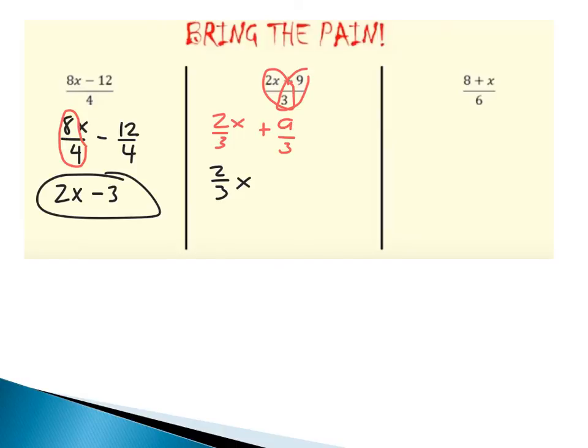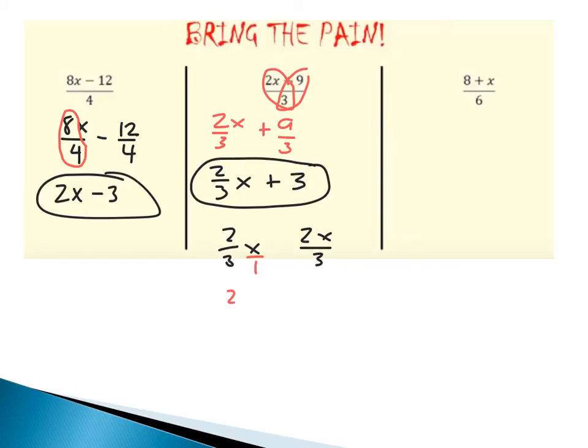Okay? Next one, I have 9 divided by 3. Well, that's easy. That's 3. Okay? So I can simplify that out to this. Now, the reason why I'm doing 2/3 x and not 2x over 3 is because really, if you think about it, and this is kind of tricky, x is really x over 1.